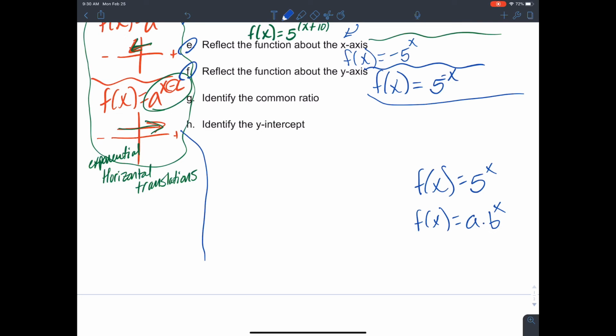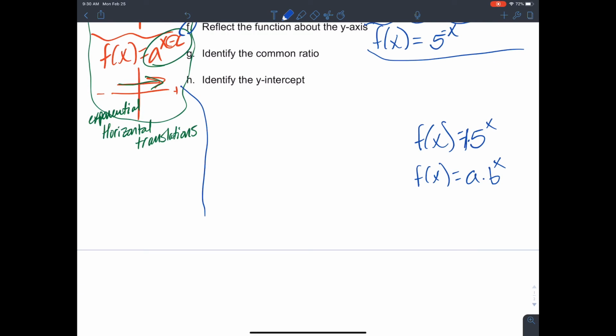In this case, we have nothing, right? Oh, there's a 1, right? But let's go ahead and add 0, because a y-intercept is always going to be 0, comma, some number, right, where it crosses. But x is always 0 in the y-intercept. So let's go ahead and plug in 0 just to see what happens.